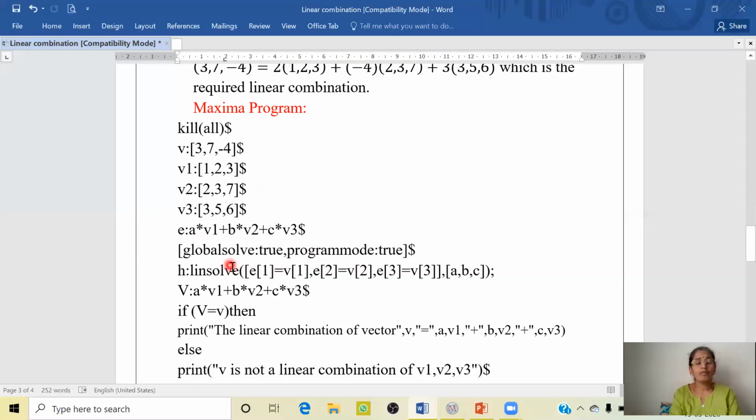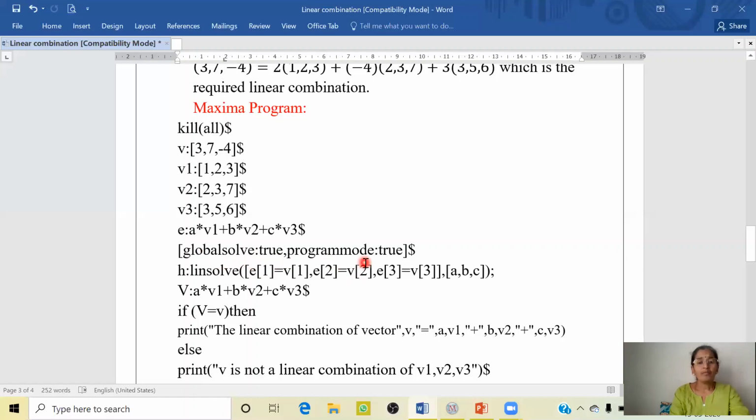What is this globalsolve? Globalsolve is the command which, when true as given here, solves all the variables, that is A, B, C, and they are bound to their values in the solution of the equation. That is, the solution will be fixed when globalsolve is true.